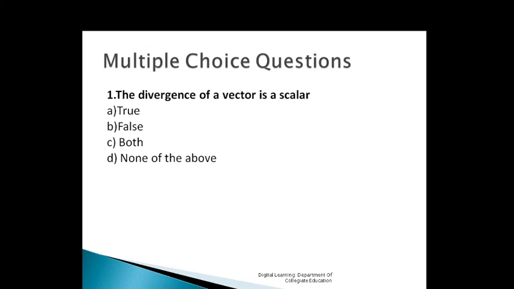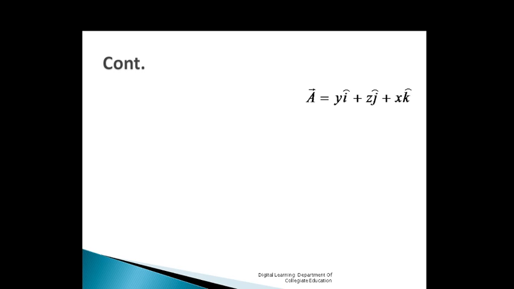Option A, true. Option B, false. Option C, both. Option D, none of the above. Answer is true, option A. Vector del dot A is always a scalar.